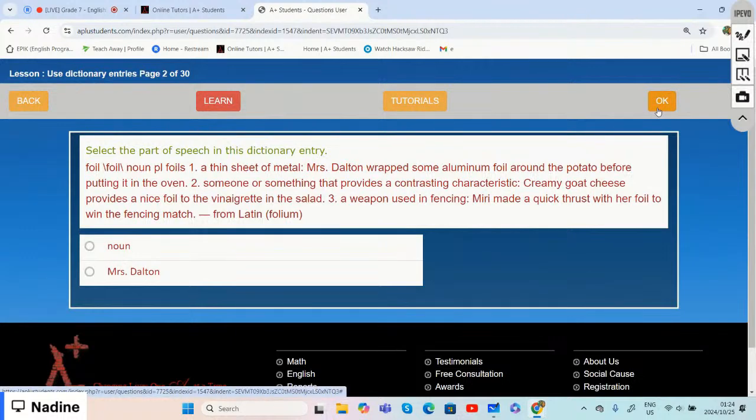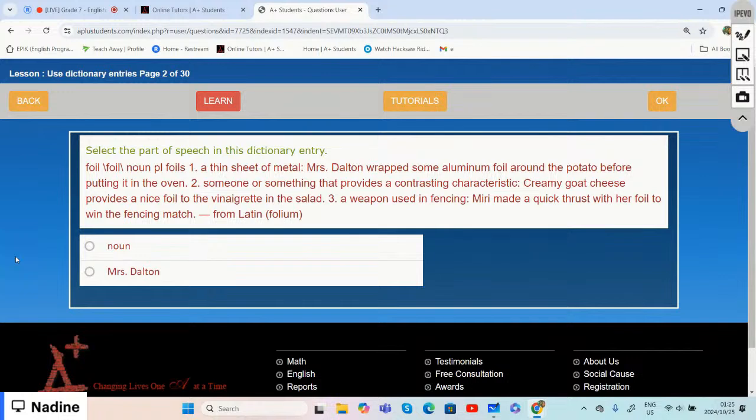What is the part of speech within this dictionary entry? Is it a noun, option one, or option two? Which one is correct?